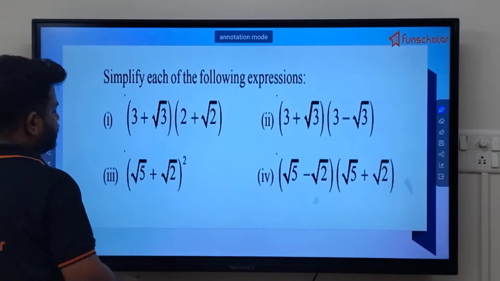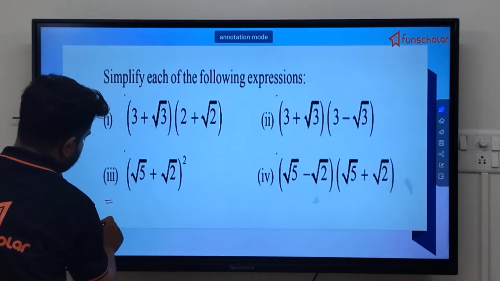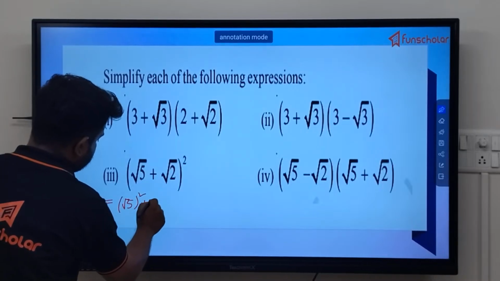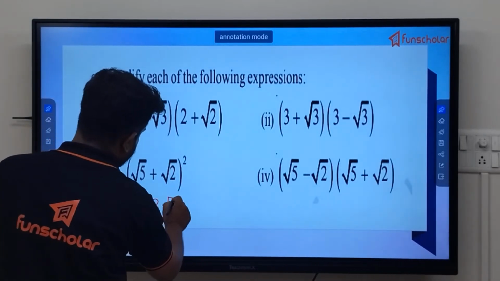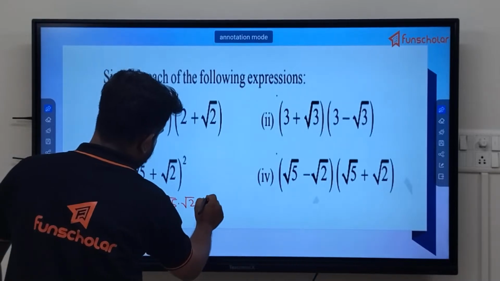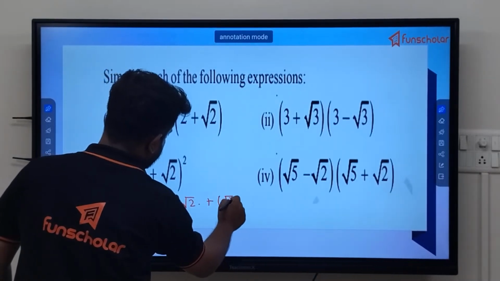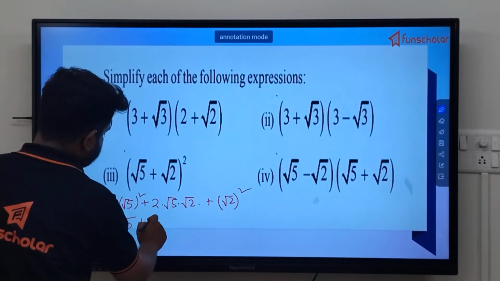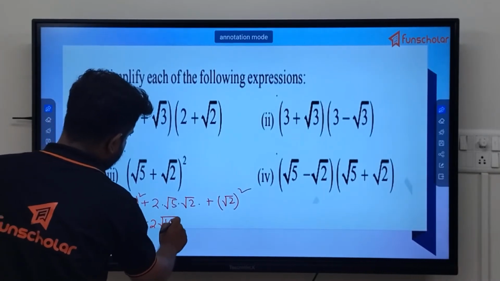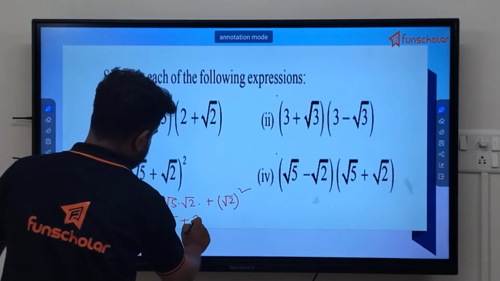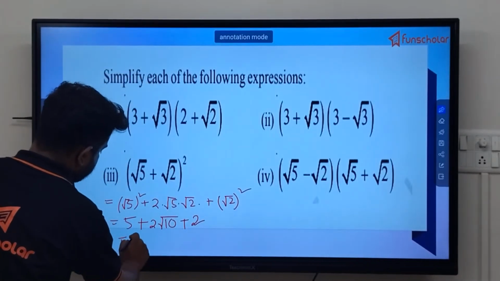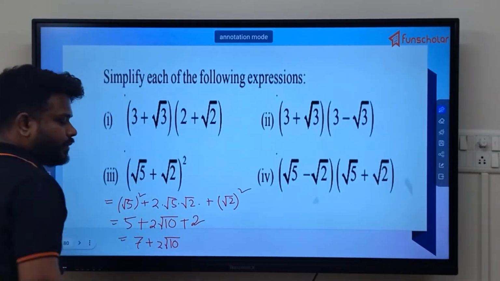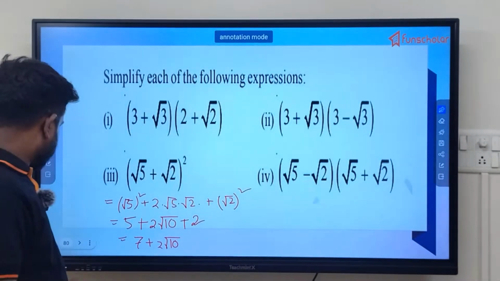It's just the simple formula of root 5 whole square plus 2 into root 5 into root 2 plus root 2 whole square. So the answer will be 5 plus 2 root 10 plus 2, which is 7 plus 2 root 10.